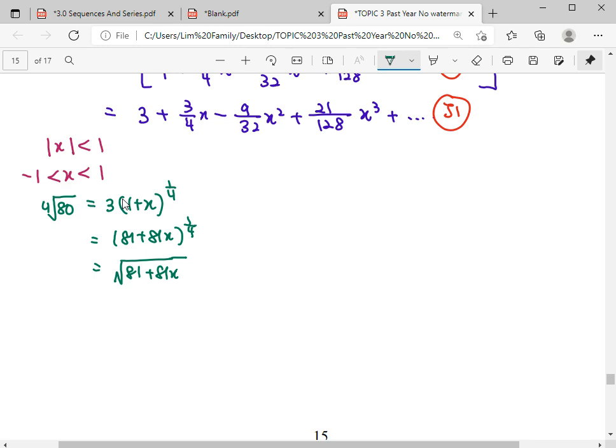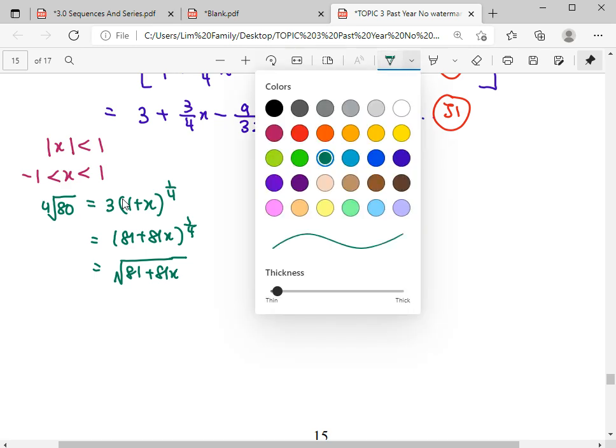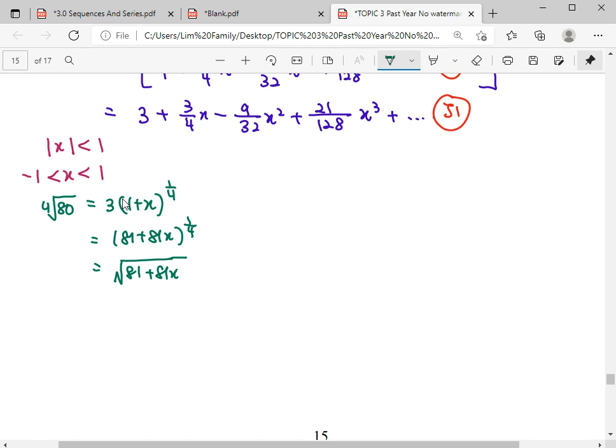Then we can equate. From here you can see they are the same already, they are all in the fourth root already.